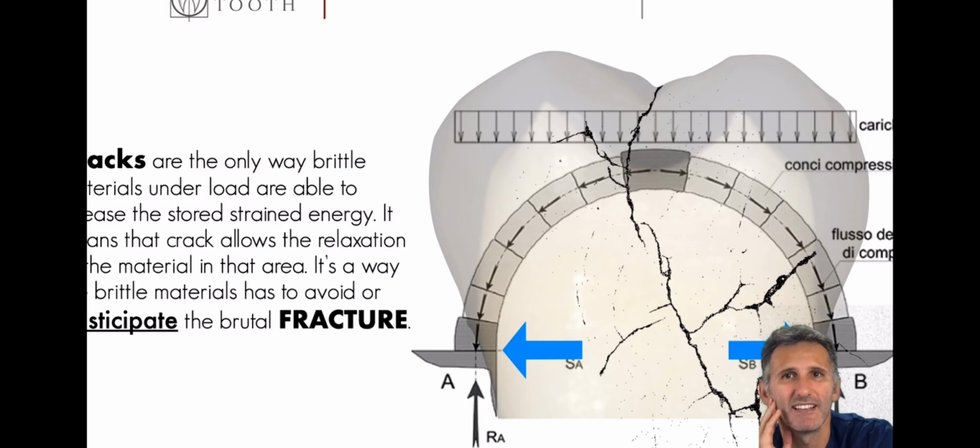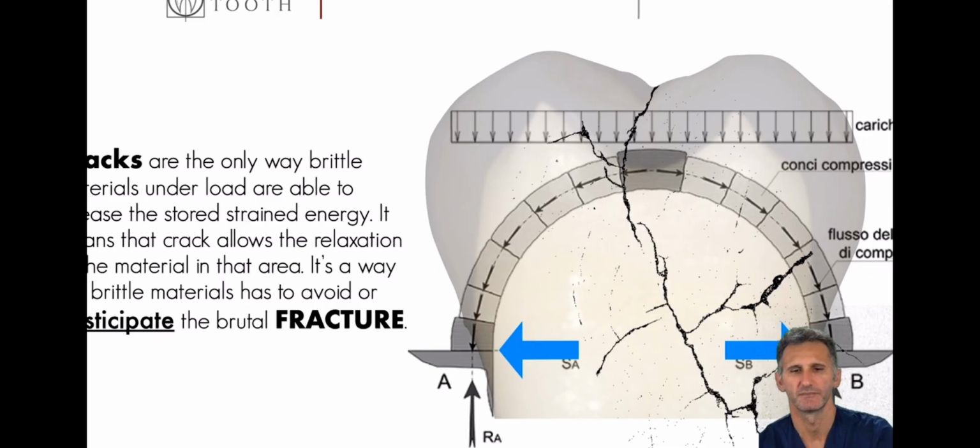So when we see a crack, what is a crack? On a tooth, like on a glass. A crack is the only way that brittle material under load is able to release the stored strain energy. A crack allows the relaxation of the material in that area. It's a way that brittle materials have to avoid or postpone the brutal fracture.